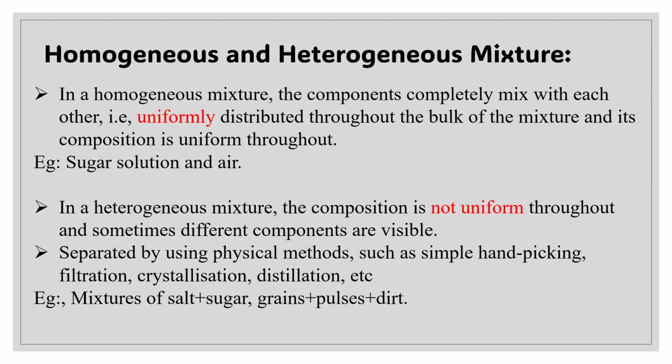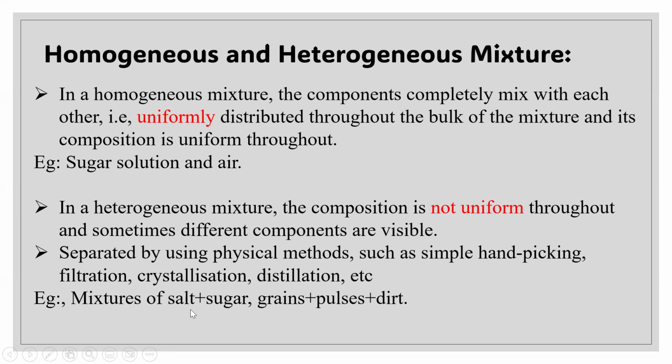Okay, next, in a heterogeneous mixture, the composition is not at all uniform. Okay, and it can be easily separated using physical methods such as hand picking, filtration, crystallization, distillation, etc. And the example is a mixture of salt and sugar.